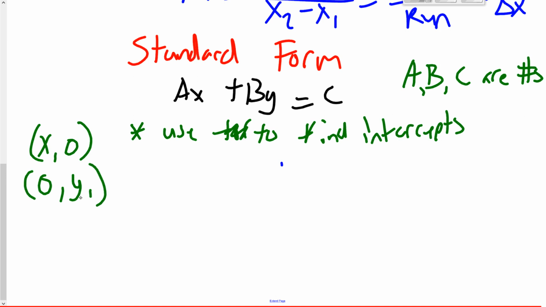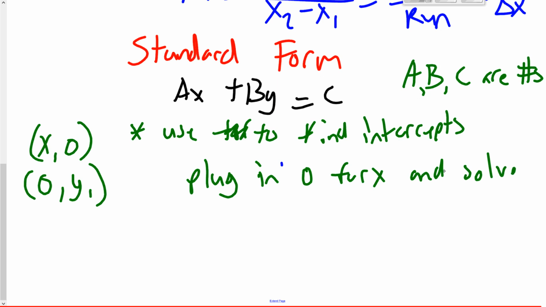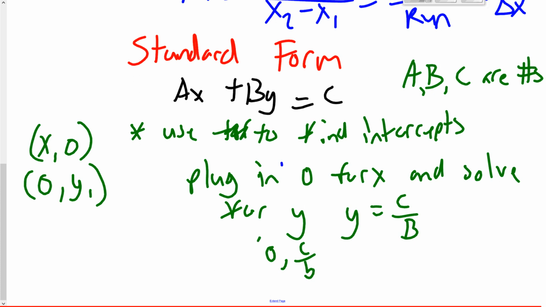So literally I could just plug in 0 for x into my equation and then solve for y. So then y, this might be my y-intercept, y would equal c over b. And then to write that point, it would just be 0, comma, c over b. And so that would be my y-intercept.